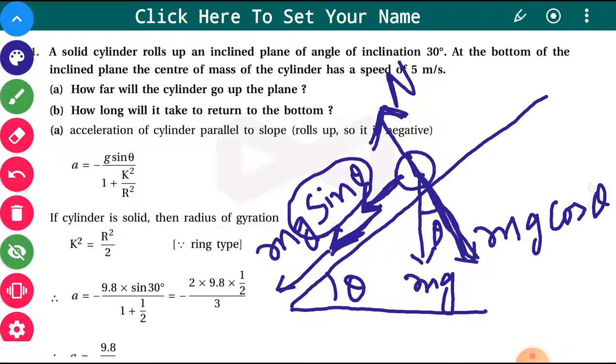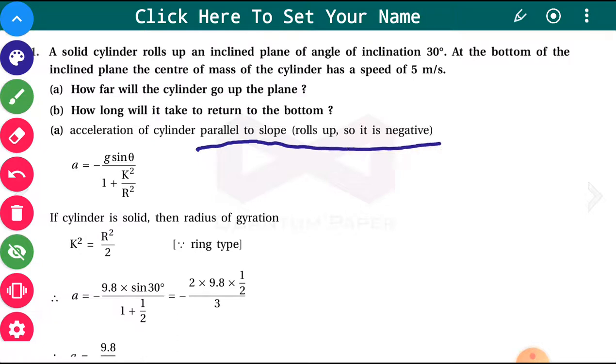Now when it goes up, its value will be minus g sin theta, and that is why the acceleration of the cylinder parallel to the slope when it is rolling in the upward direction is taken as minus g sin theta upon 1 plus k square upon r square. So this is the acceleration of the cylinder.